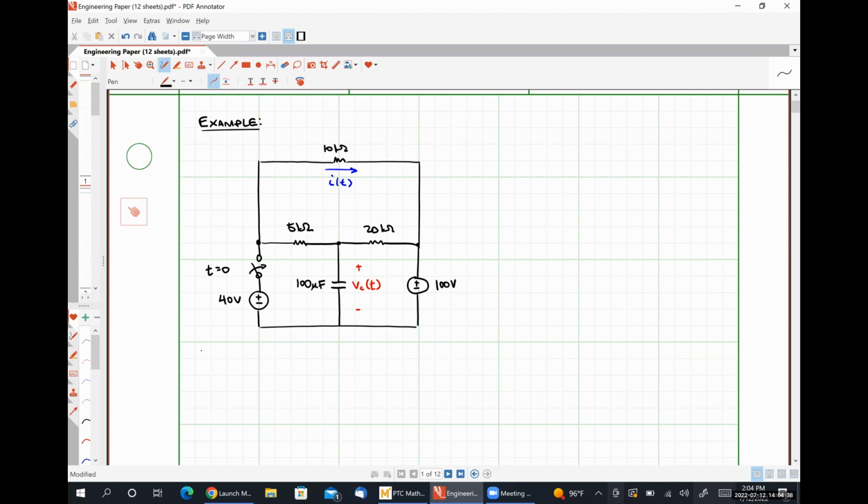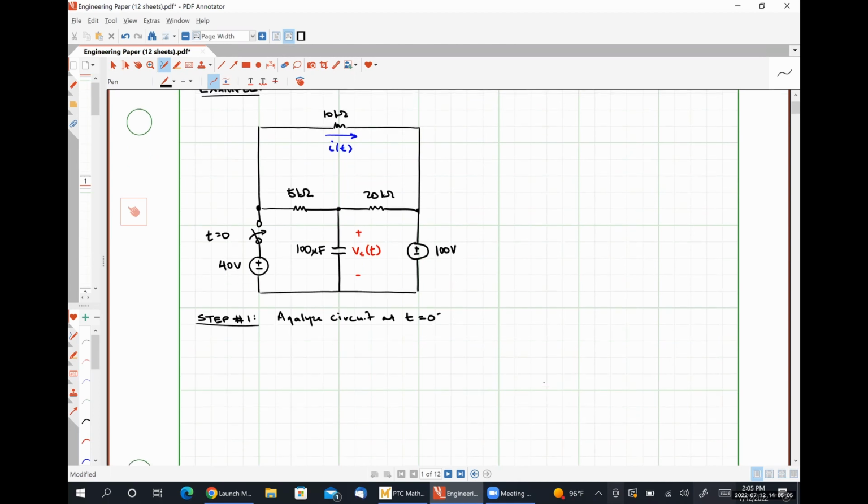So from that, we are going to have to analyze our circuit at t is equal to 0 minus, t is equal to 0 plus, and t is equal to infinity. So our first step, as always, will be to analyze the circuit at t is equal to 0 minus.